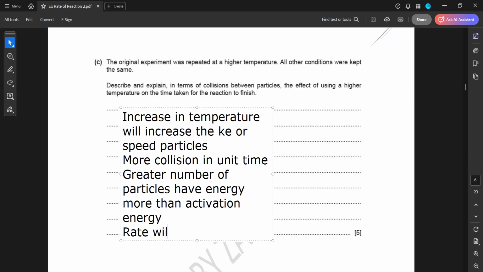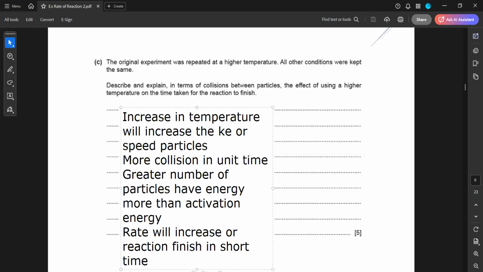So the rate will increase, or the reaction will complete or finish in a short time. Because if the rate of the reaction is higher or faster, the reaction is completed in a short time.